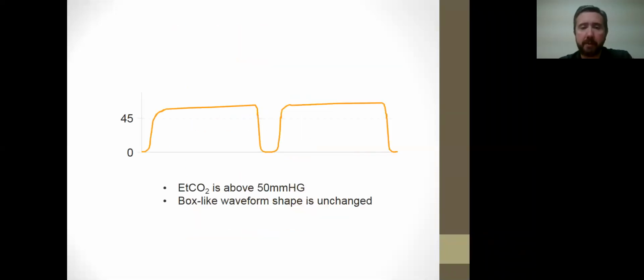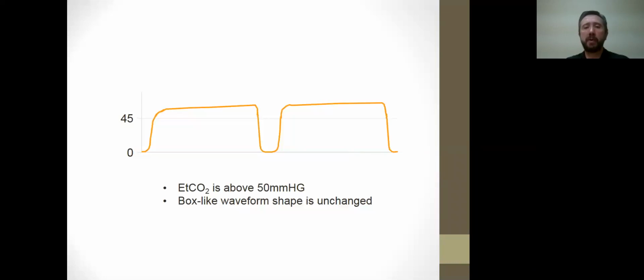The end-tidal CO2 is above 50 millimeters of mercury, has a box-shaped waveform, okay? So how does high end-tidal CO2 affect ICP? Does it increase it or decrease it? It's going to increase it, because the higher the end-tidal CO2, the greater the concern for ICP in a patient with a closed head injury due to the vascular changes in the vessels, right?